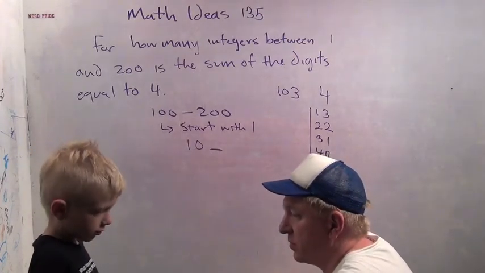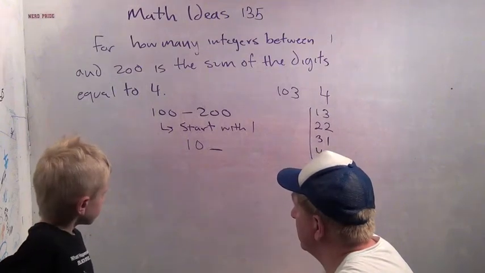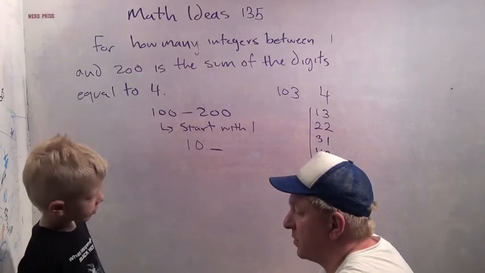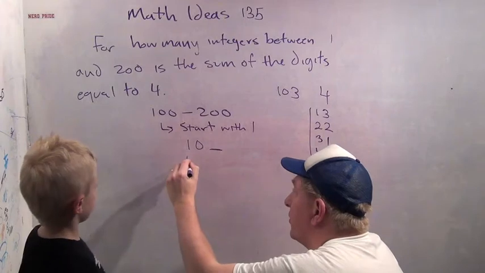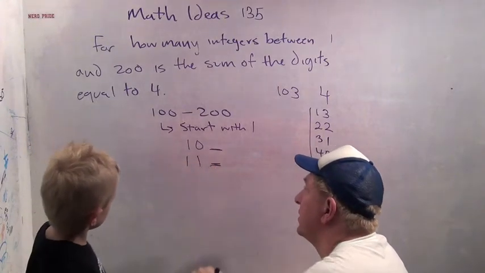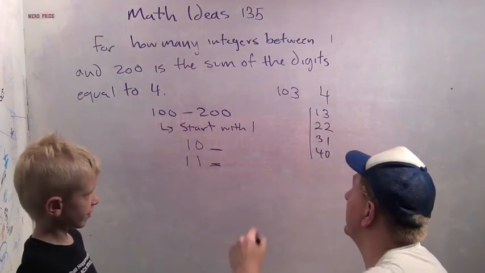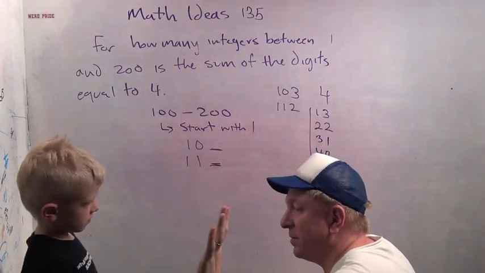What one should we go to next? We should go to the 110s. So we go 1, 1, something now. What's our number going to be there? 112. Yes, awesome.